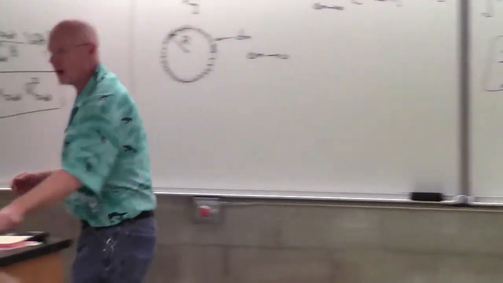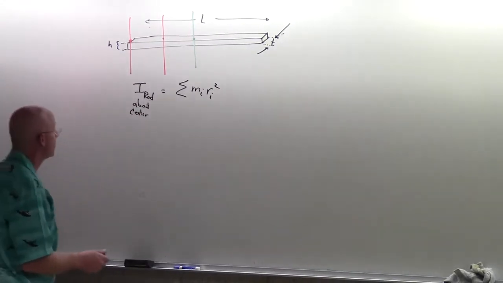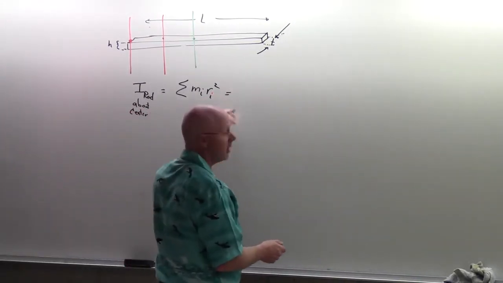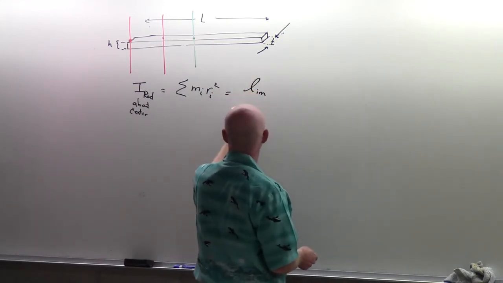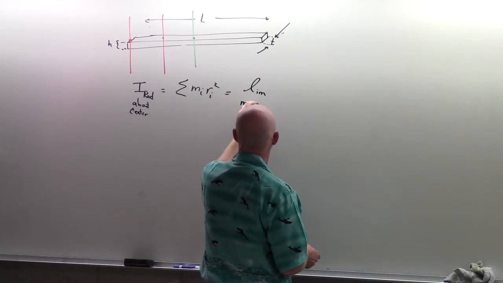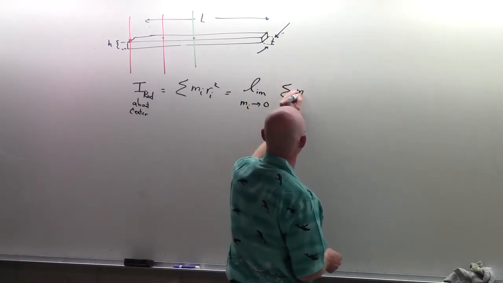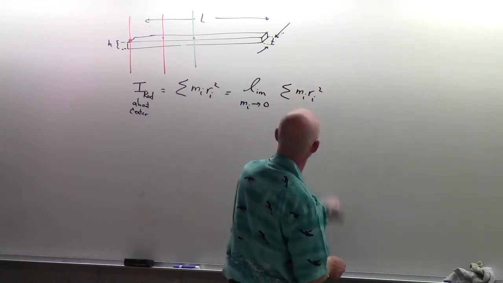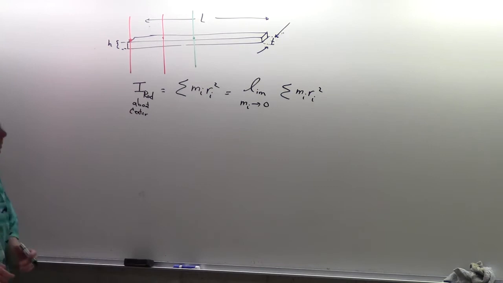All right, well, I'll come back over to here, as I said. Let's do this rod about its center. And I'll do the same thing we did for the hoop and for the disk. Let's take the limit as something goes to 0, and that something will be the individual pieces.